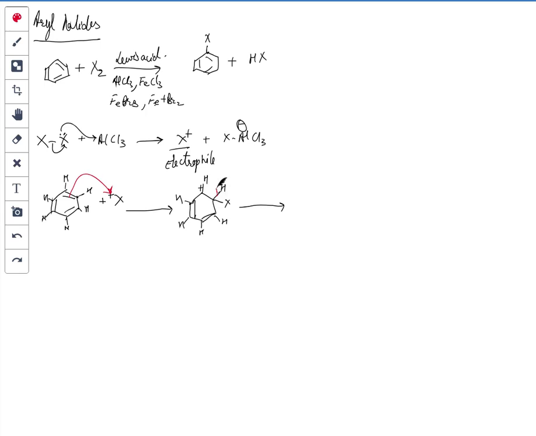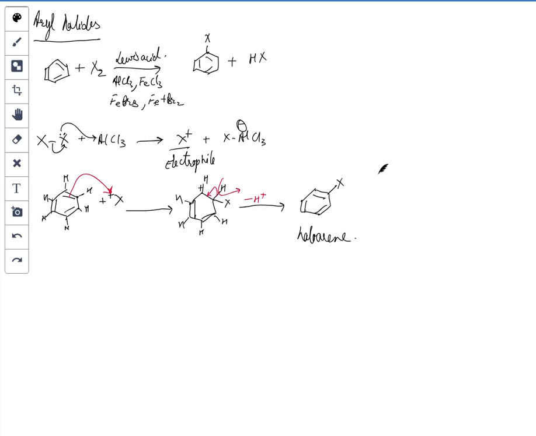What actually happens is that this bond breaks apart, the hydrogen moves out, and we get the product as halogen here, the bond here, the bond here, the bond here. So it is haloarene. Clear?